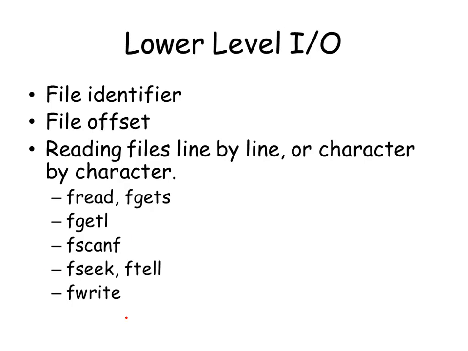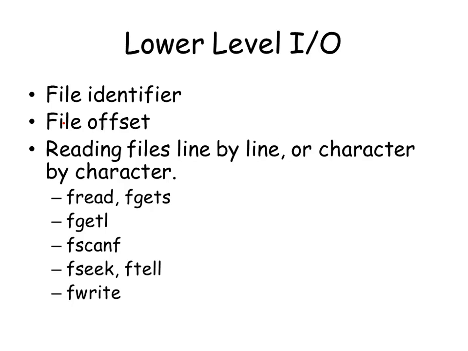So the lower level IO is where you operate on the files in a more detailed level. And there are some concepts that you need to be familiar with. Whenever you open a file, you keep a handle to that file. And that handle is an integer identifier.